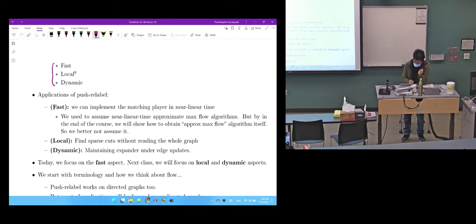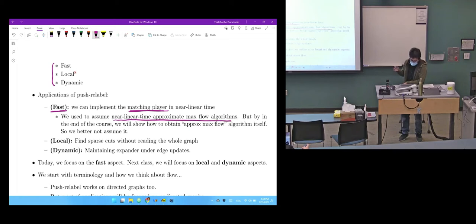The application from being fast, as we will see today in this class, is that we can implement the matching player in the cut matching game framework in linear time. We used to assume that we can do it in linear time by assuming a linear time approximate max flow.